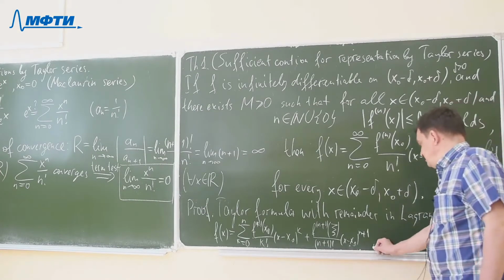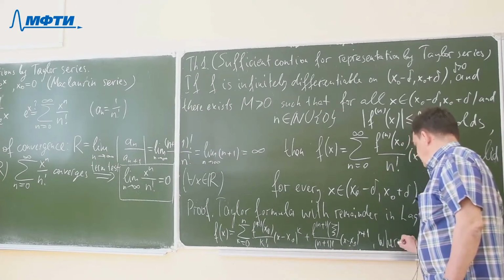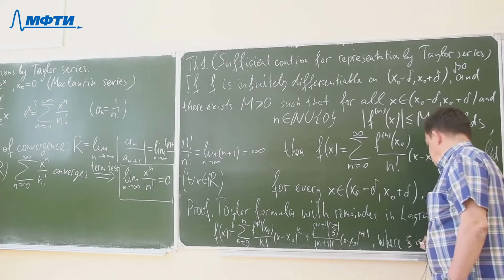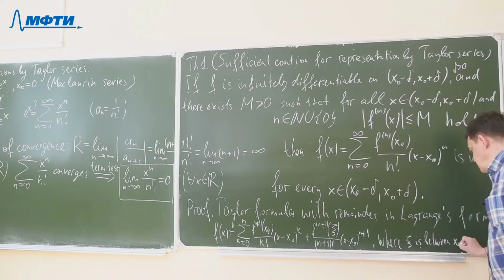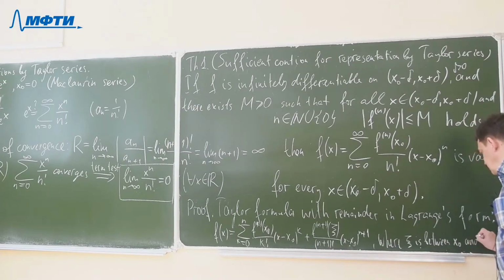where xi is between x naught and x. So once we have it, we deduce immediately.